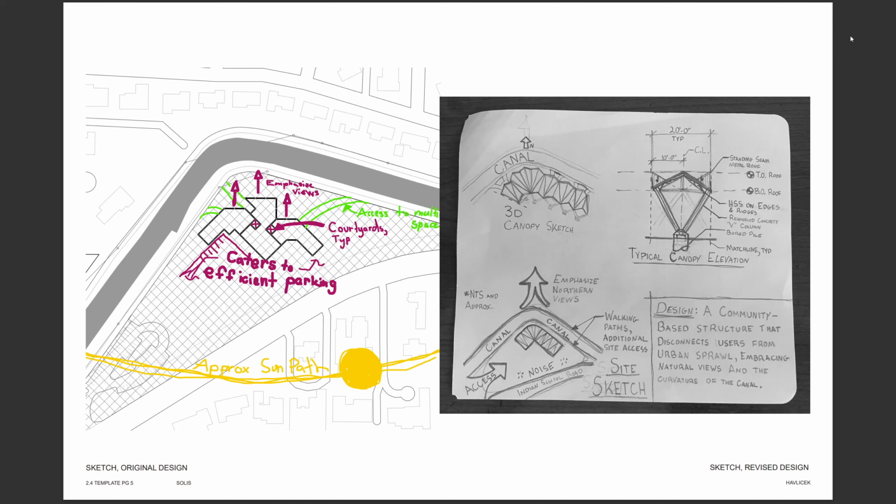Before I was experimenting with trying to devise a way to get northern views from a couple different distances from the canal, because there's a pedestrian walkway going around the canal, and I didn't want residential areas perhaps being butt up next to the potentially louder area or from prying eyes.